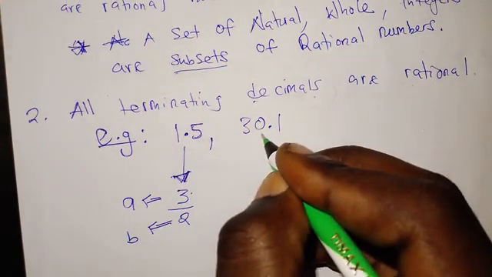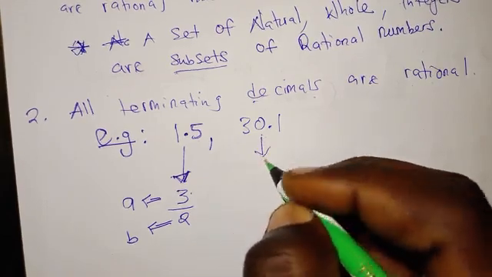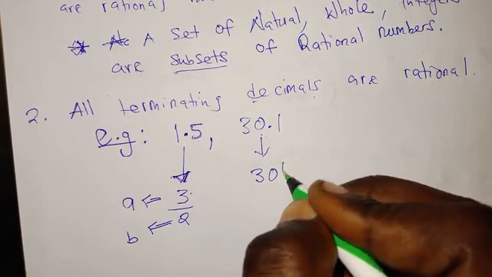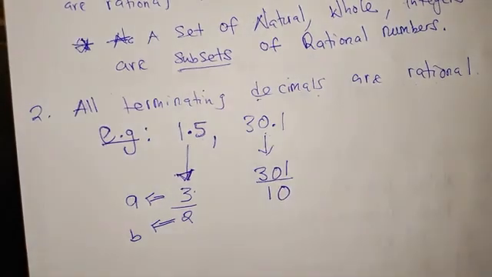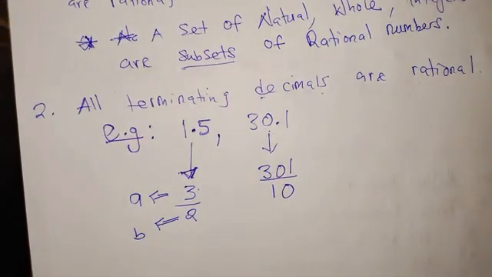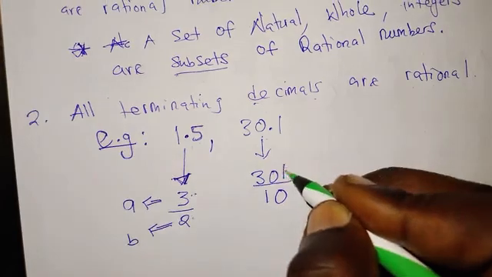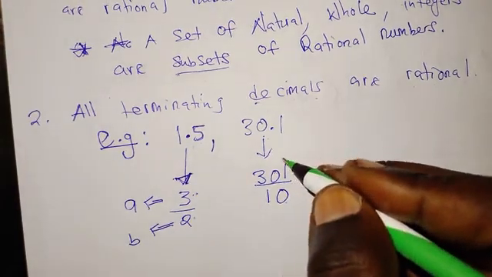Same applies with 30.1. This 30.1 can be written as 301 over 10. You agree with me? So punch 3 over 2 on your calculator to give you 1.5, and 301 divided by 10 on your calculator to give you 30.1.